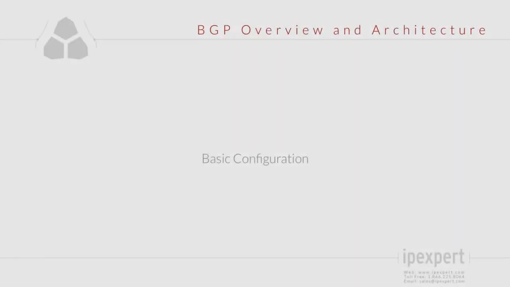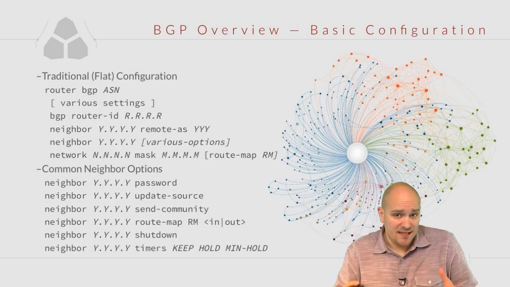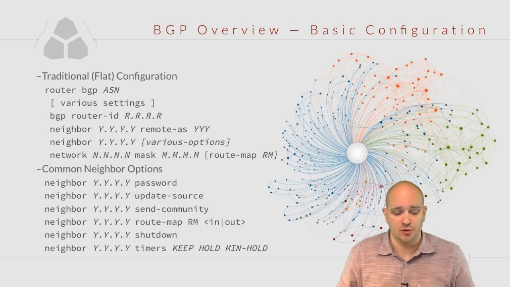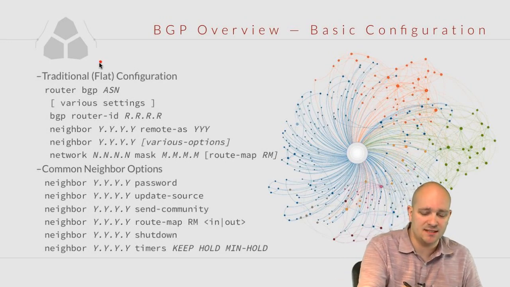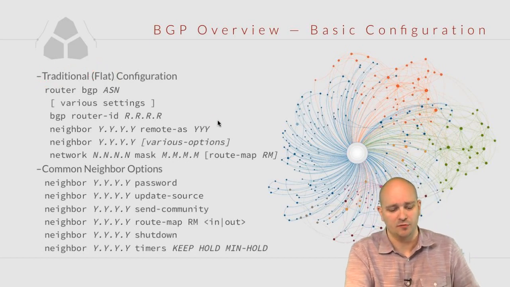To end this quick overview of BGP, let's go over the basic configuration of it. BGP in iOS these days can be configured using two different methods. The one that I'm going to describe here first is sometimes called either traditional or the flat BGP configuration.